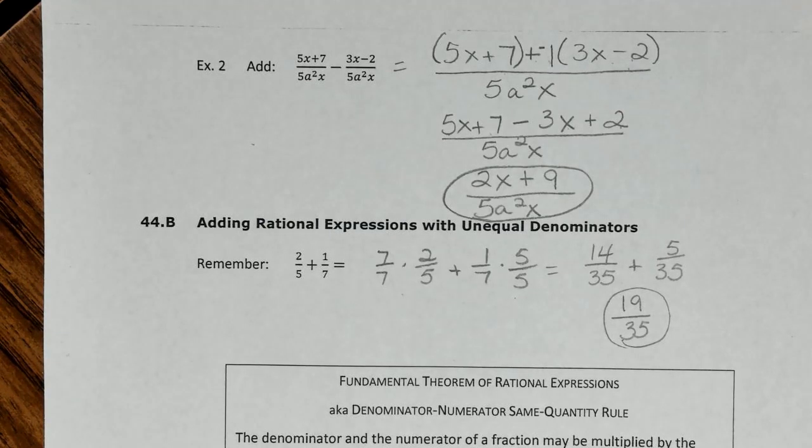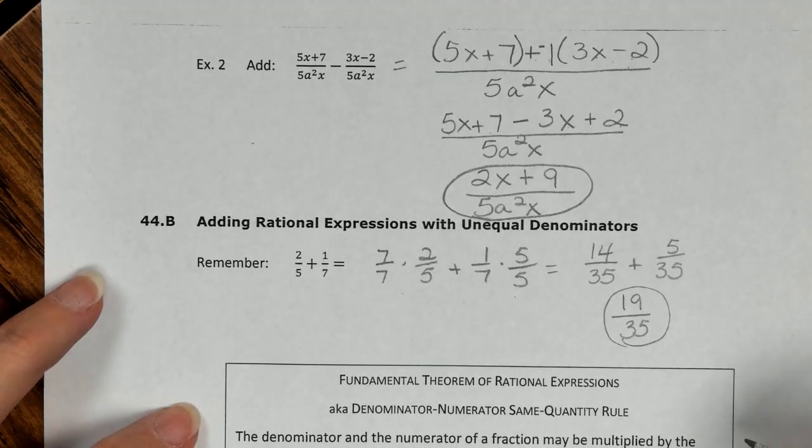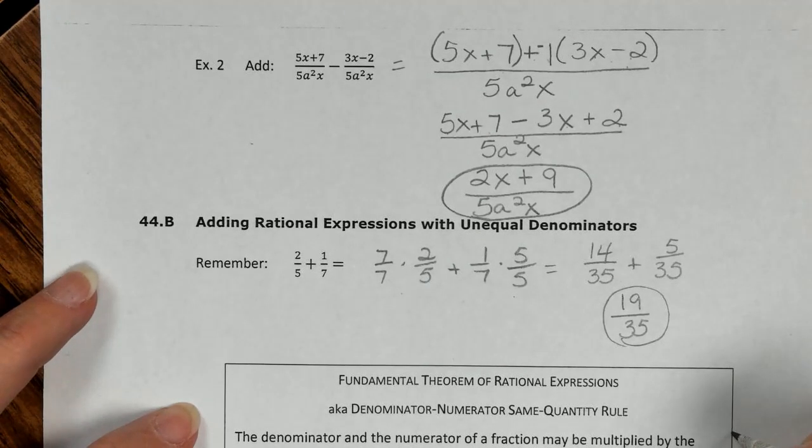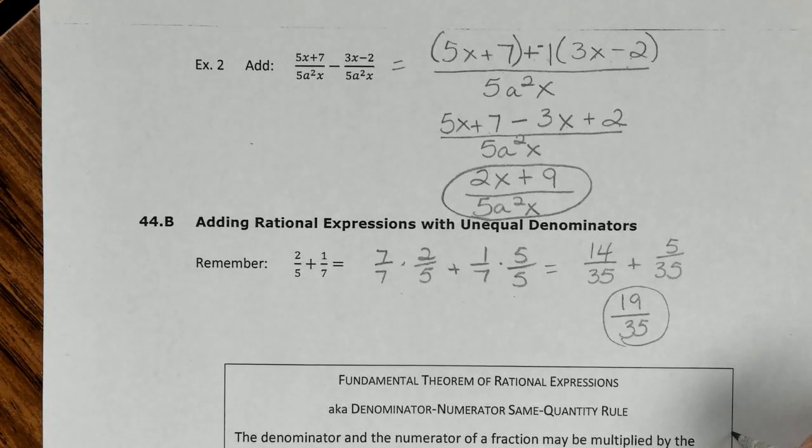The same steps need to happen when there are variables in the fractions. First we're going to read this. The fundamental theorem of rational expressions, also known as the denominator-numerator same quantity rule, that's what your book calls it. The denominator and numerator of a fraction can be multiplied by the same non-zero quantity without changing the value of the fraction.